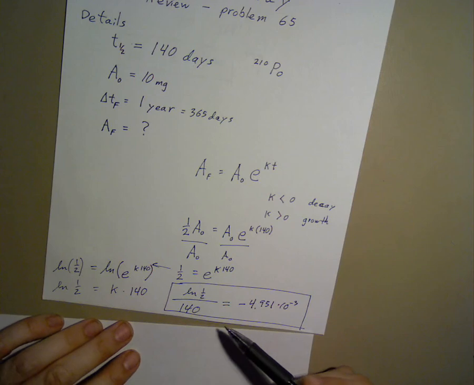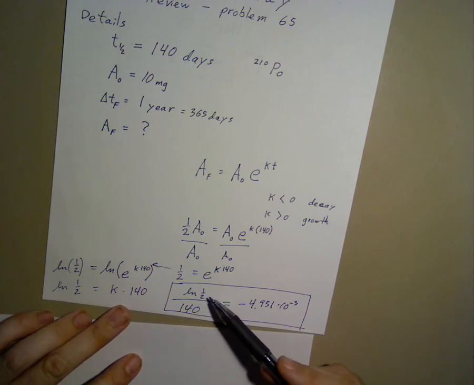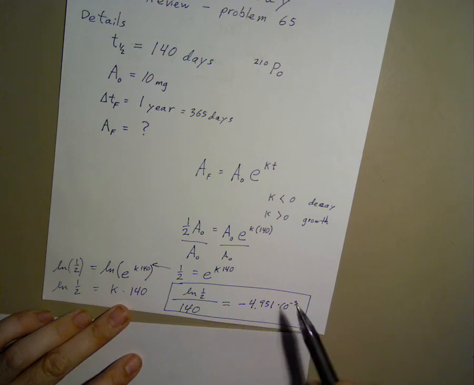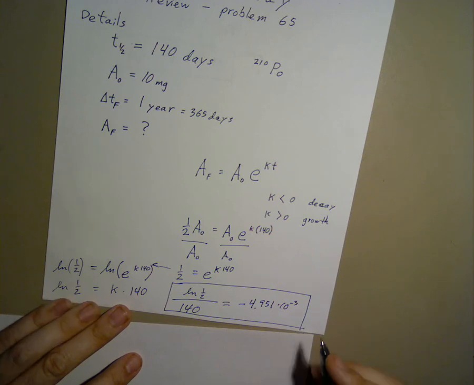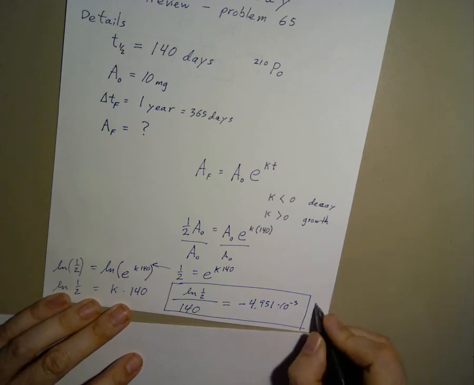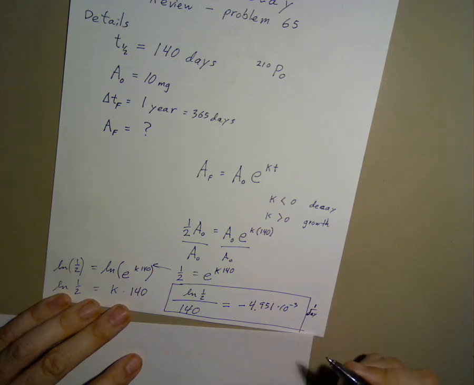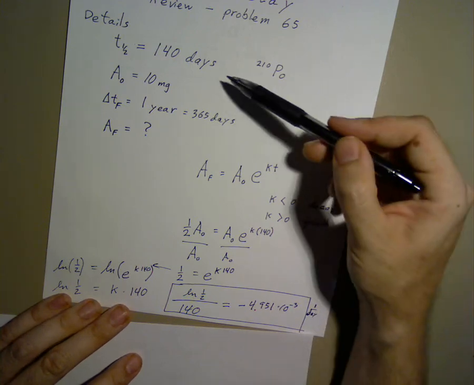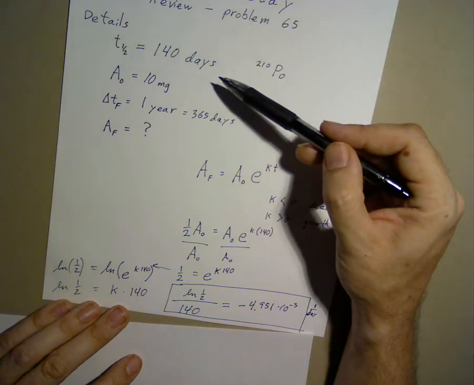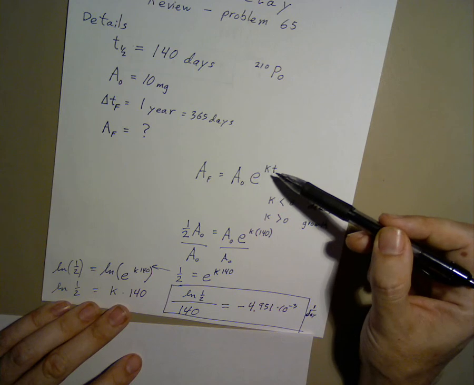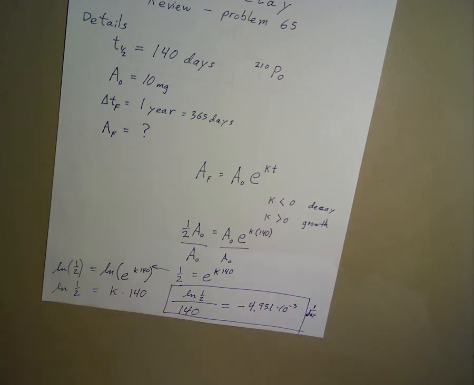We can rewrite this as k equals the natural log of 1/2 over 114, which equals negative 4.951 times 10 to the negative third. This has units of 1 over day, or 1 per day, because our time unit was in days. And kt must be dimensionless. You can't have an exponent with a unit.